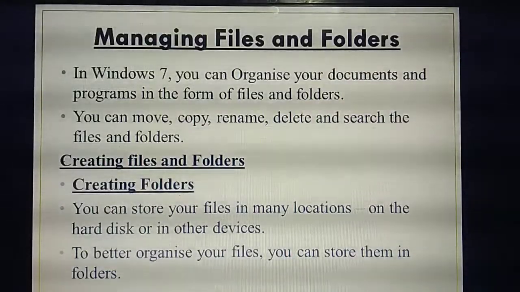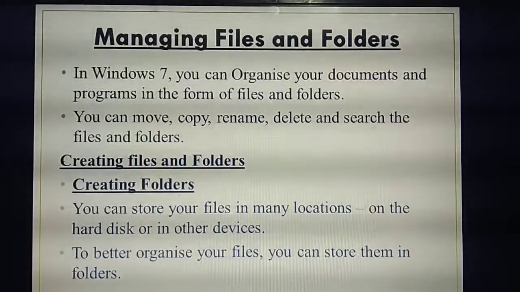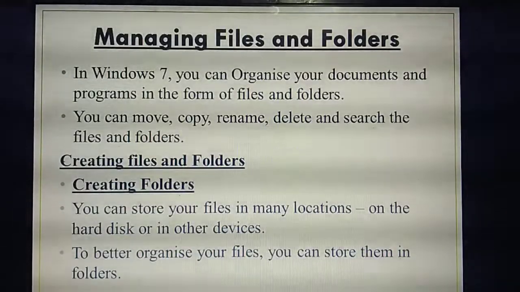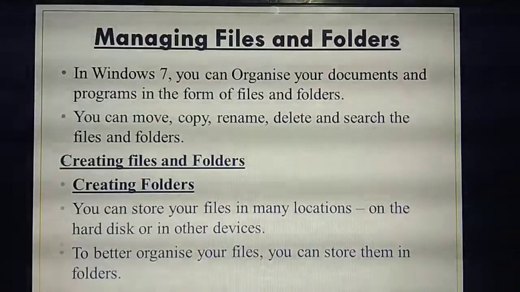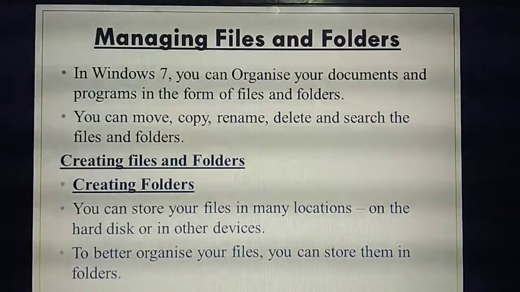So you can store the files in many locations. What do you mean by many locations? For example, your hard disk is divided into 3: local disk C, D and E. For example, you save an image or photo in local disk C. The same photo you can copy in local disk D, and the same photo in local disk E. So you can store your files in many locations of your computer.